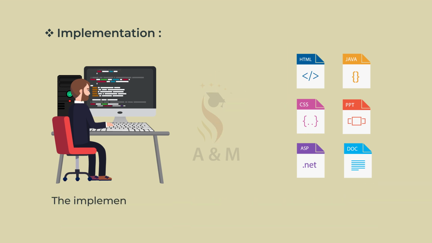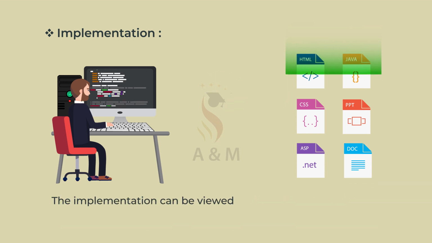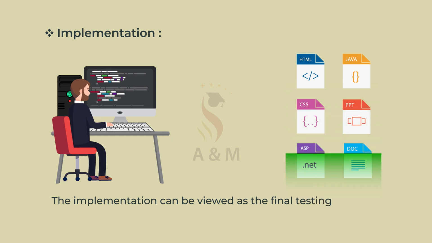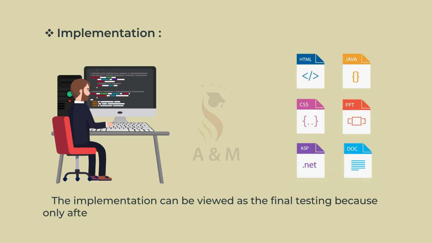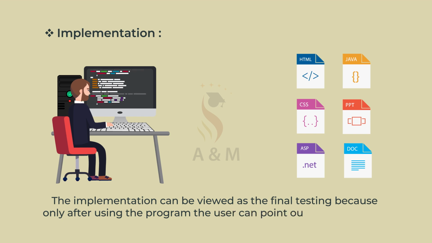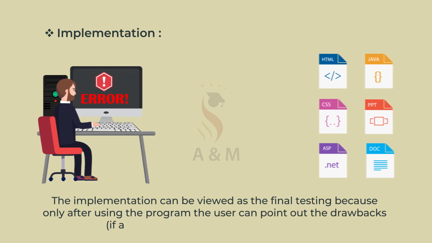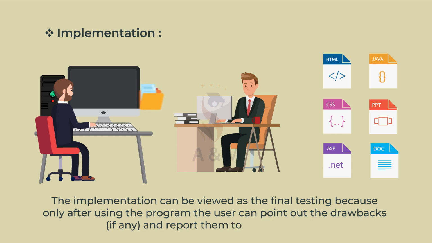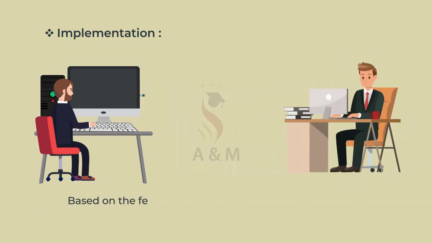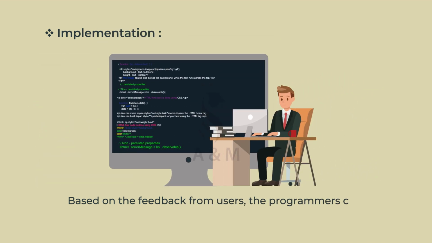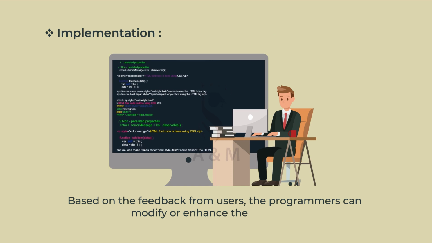The implementation can be viewed as the final testing because only after using the program can the user point out the drawbacks and report them to the developers. Based on the feedback from users, the programmers can modify or enhance the program.